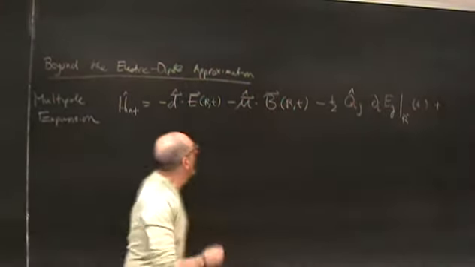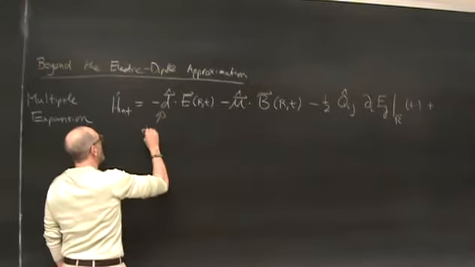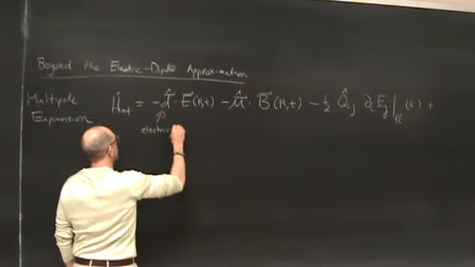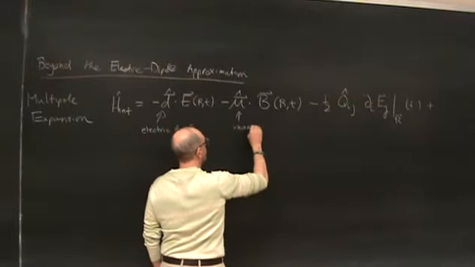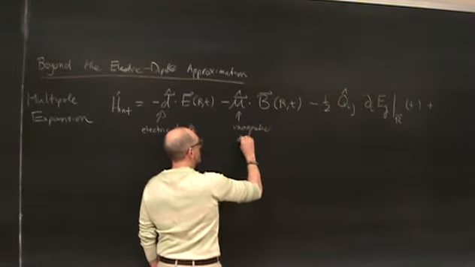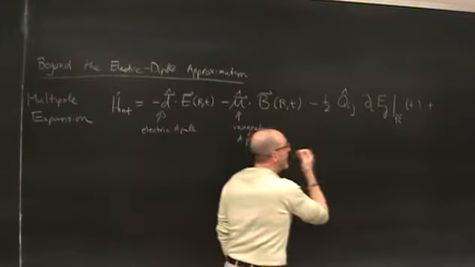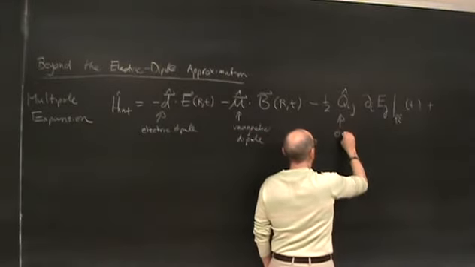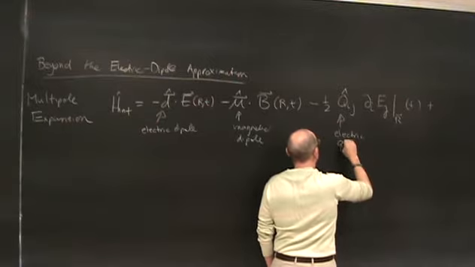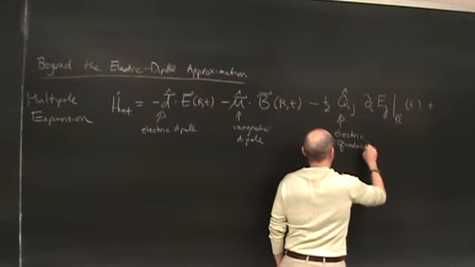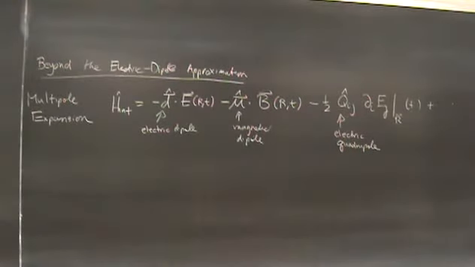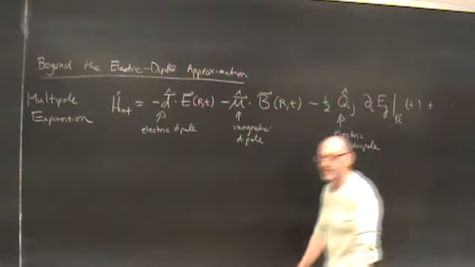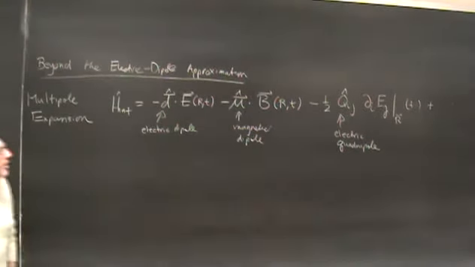So we have the electric dipole moment, the magnetic dipole, the electric quadrupole moment, the magnetic quadrupole moment, the electric octupole moment, and so on.